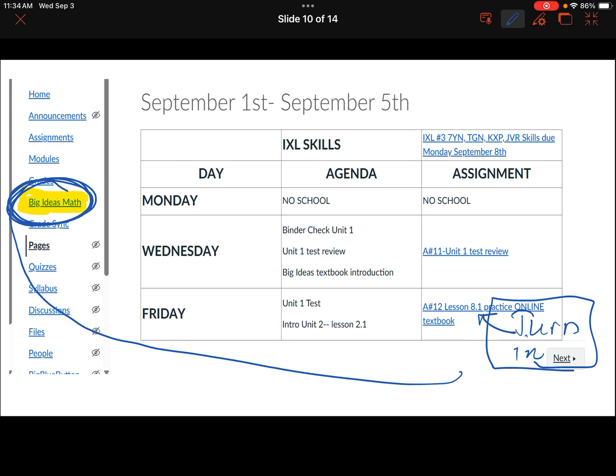You click on your Big Ideas, you do the assignment, you submit the assignment to Big Ideas, and it scores it for you, 70% or higher. You take a screenshot of that, and a picture of your work. You're going to have at least 2 pictures. If you write really big and use 2 pieces of paper for your homework, front and back, then you're going to have 3 pictures.